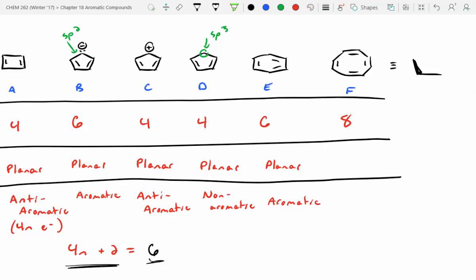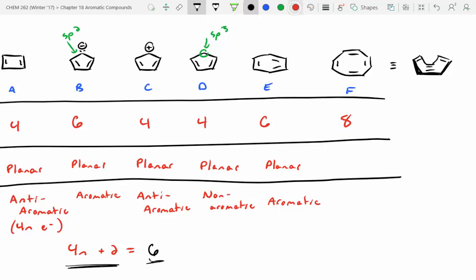This has a fancy name called a tub. So this is kind of our side-on tub view, where the 2 ends actually fold up, which actually distorts this out of planarity, because if it's planar, it would be anti-aromatic. And we know anti-aromatic molecules are highly unstable.